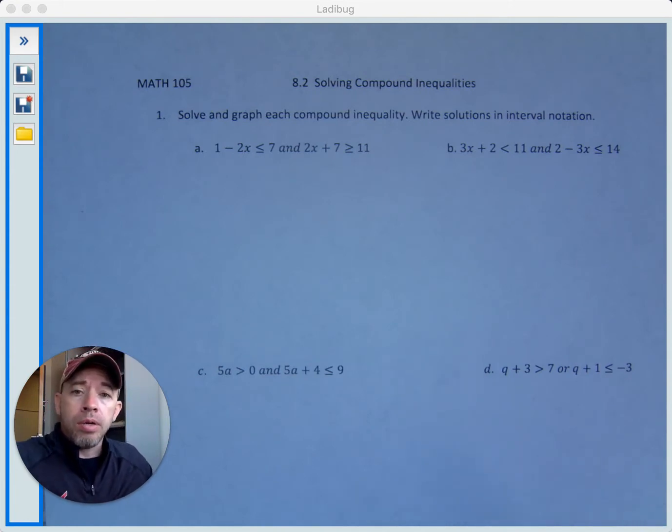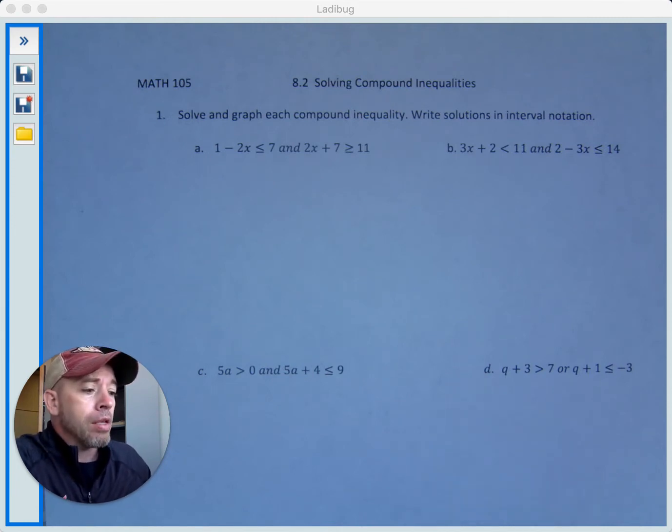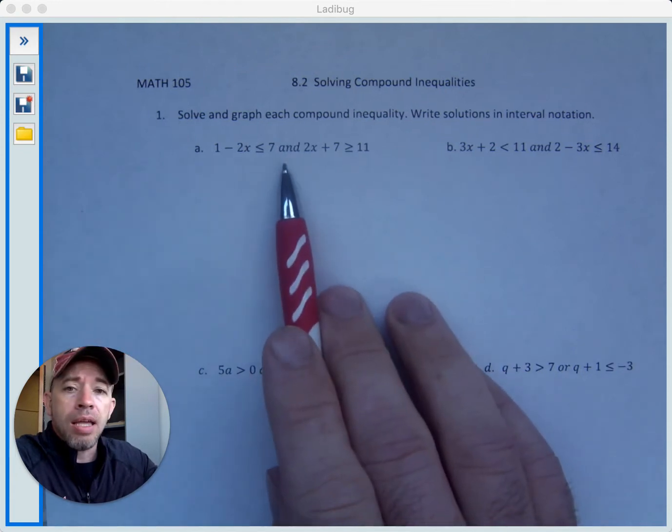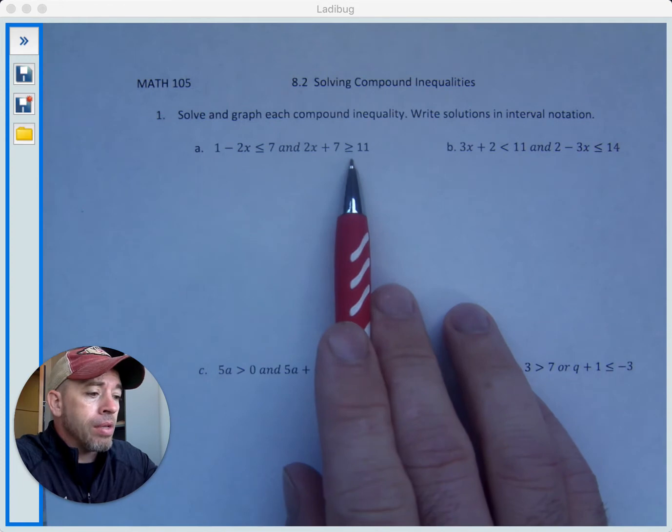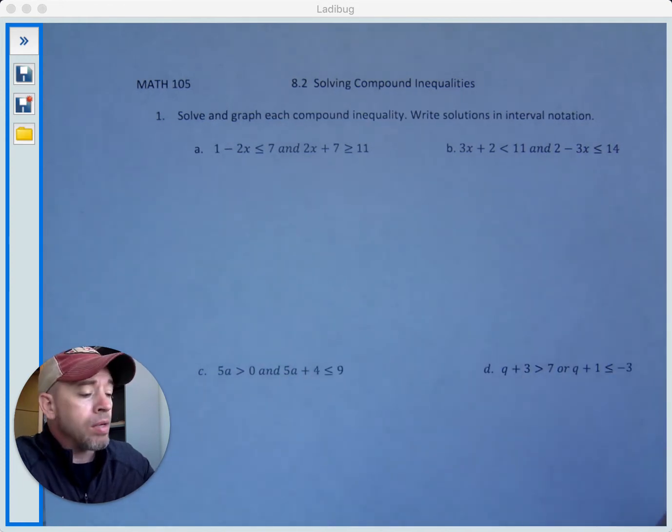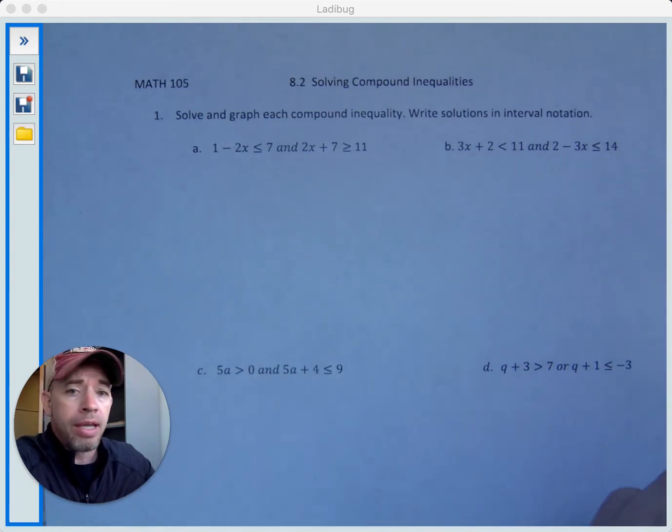To begin with, what we're going to do is solve the two inequalities separately as we would have before. In between this and, we have an inequality here and an inequality there. I'm going to solve them both separately to begin with, and then we'll talk about what to do with the "and."